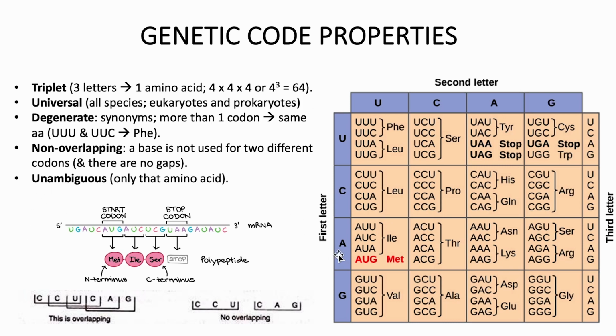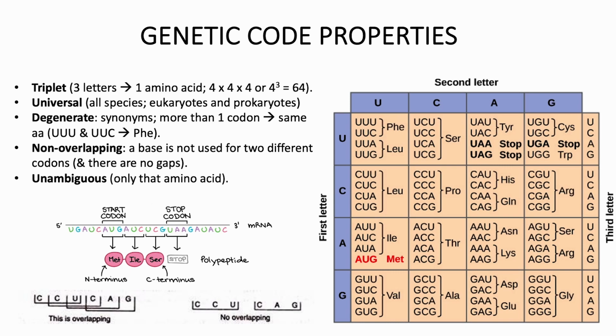And unambiguous means that, for example, from CUU, we are going to incorporate into the polypeptide chain the amino acid leucine and only leucine. When the ribosome reads CUU, the transfer RNA will bring leucine, it won't bring proline or serine or any other. So those are the properties. The presence of start and stop signals is another property that is characteristic of this genetic code.